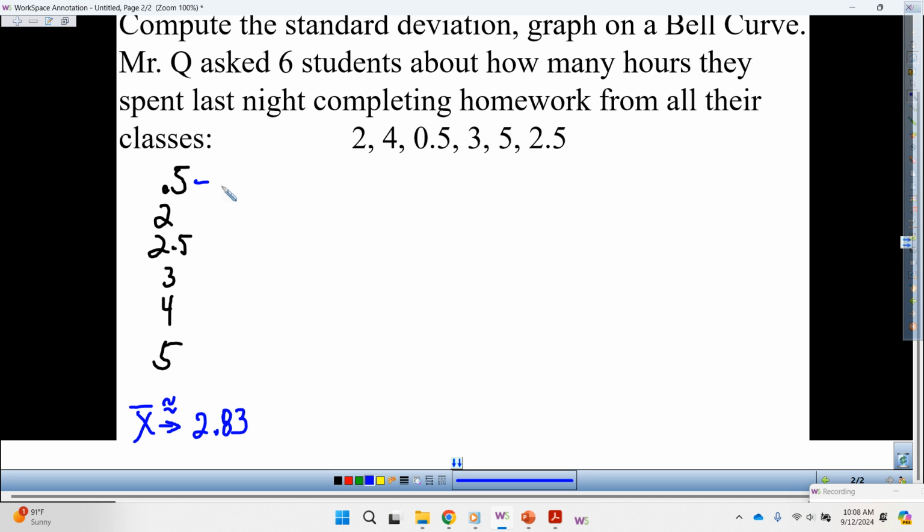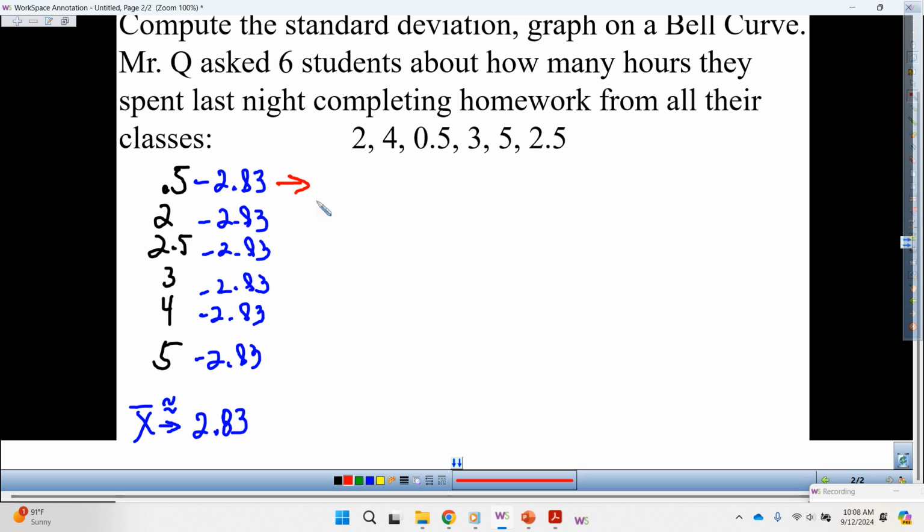So then we subtract, for the sake of time, the mean from each of these data: subtract 2.83, subtract 2.83, subtract 2.83, subtract 2.83, subtract 2.83, and subtract 2.83. All right? So, let's see.